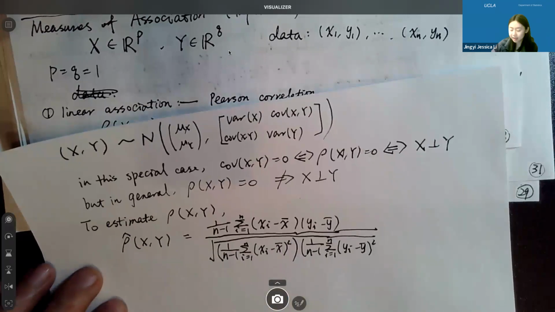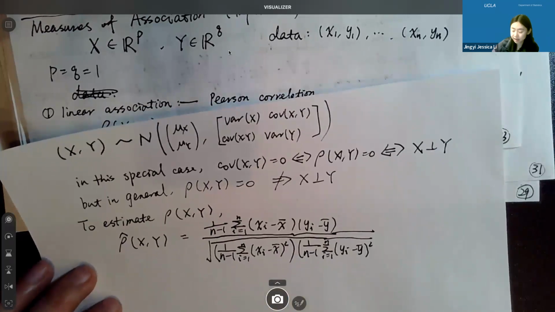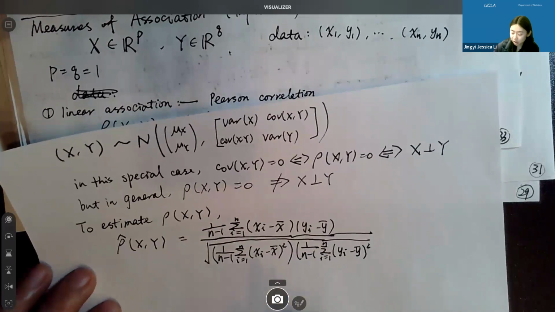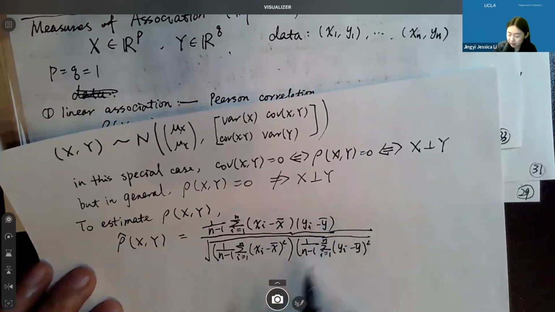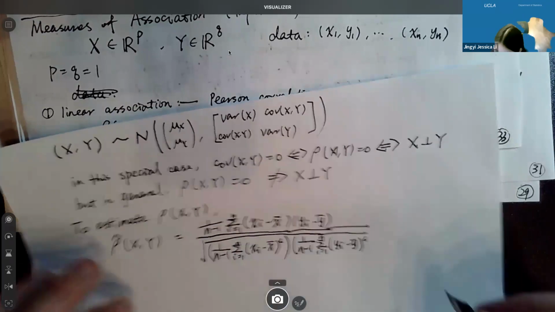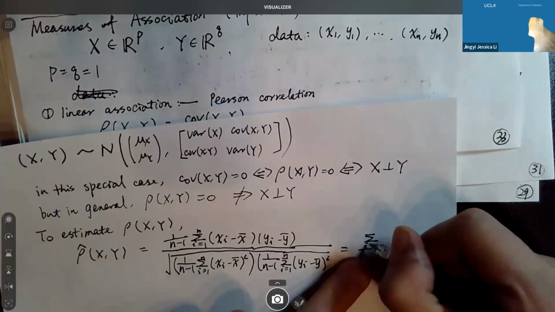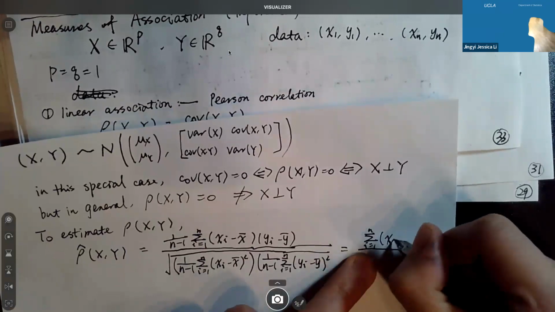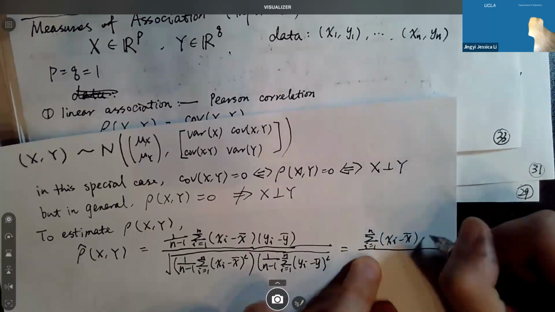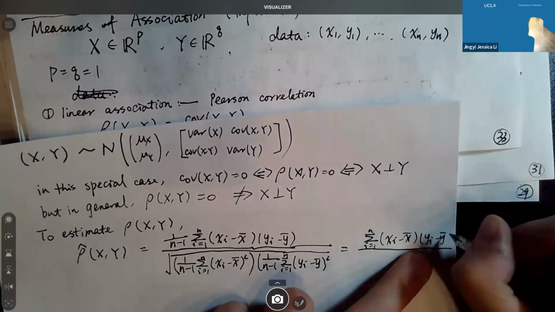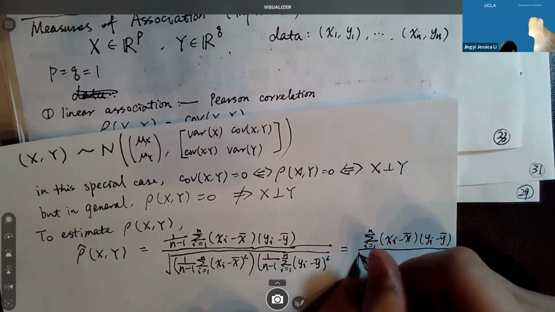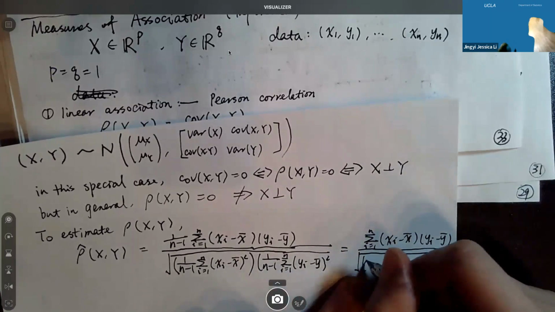Okay, and then you can see the n minus 1 can be canceled. So what we are left with are just the cross product and also the square root there. So this is the formula for the Pearson correlation we use in practice.